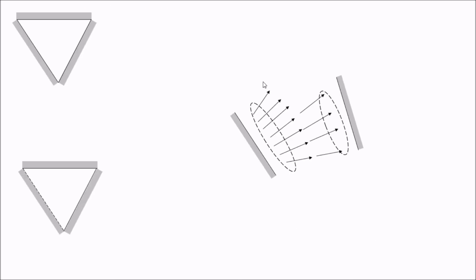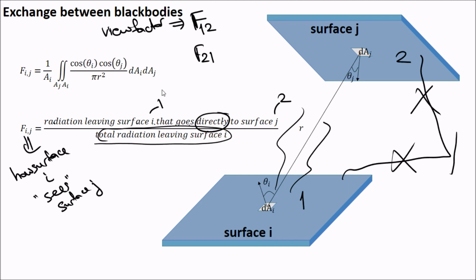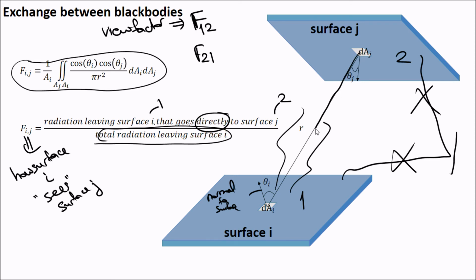And to find this fraction F12, we have the equation here, the integral. Theta i is the angle between the normal to the surface and the vector that connects these two surfaces.